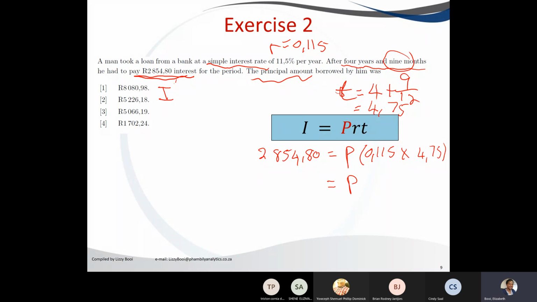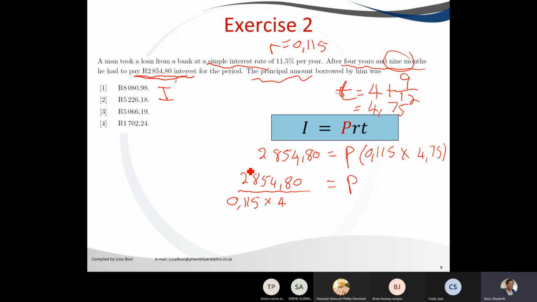Making P the subject of the formula, we can divide by the value inside the bracket. So it will be 2854.80 divided by that. I'm even scared to do the calculations myself because I'm punching the wrong things on my calculator, so I will rely on you to give me the answers.